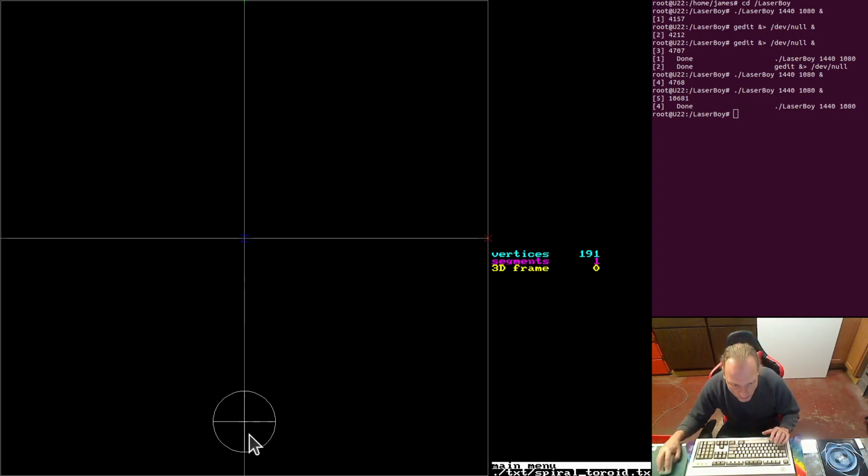There's the unit circle, okay? And you'll notice it's not at the origin anymore because, if you recall, we said that our fulcrum was 6 units above the origin. And by default, LaserBoy will figure out whatever it is you want to render, figure out the size of that thing, and center it into this display space when you call render.